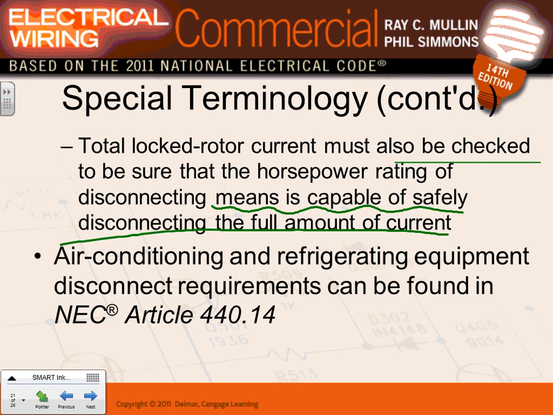If I see a disconnect right there on the wall, and a motor is plugged in and smoking for whatever reason, I can use it as a safety switch and shut down that circuit. If there's no emergency shutdown, you can use it as an emergency shutdown. It's not meant to be a controller, but you can use it as an emergency shutdown safely.